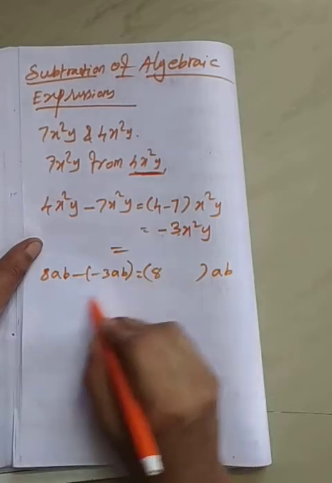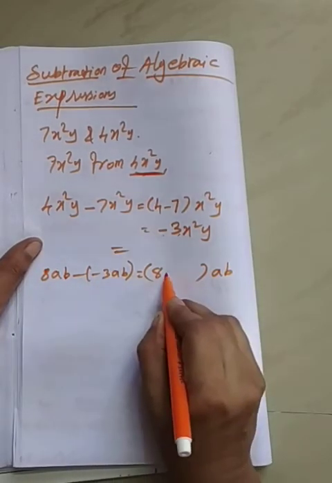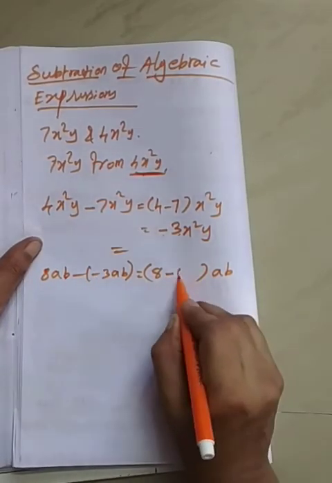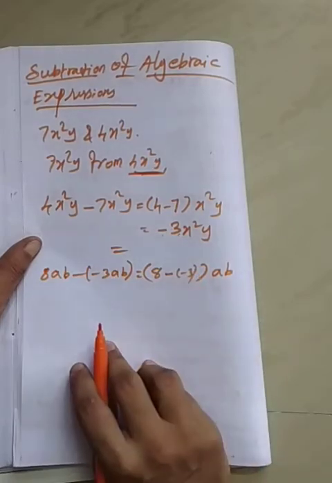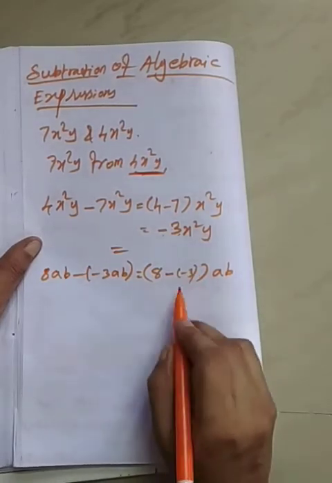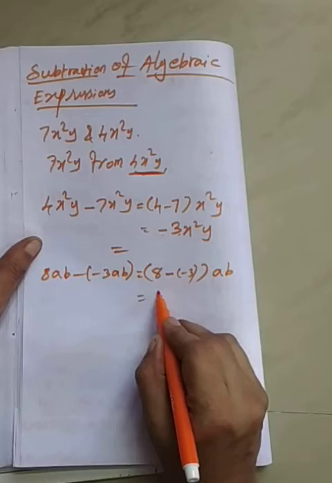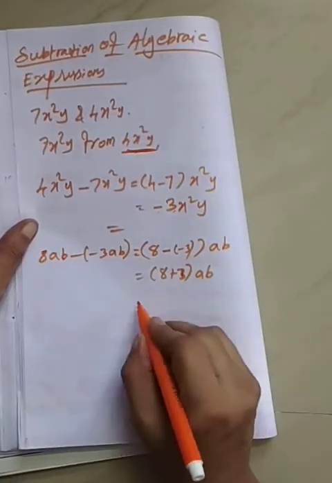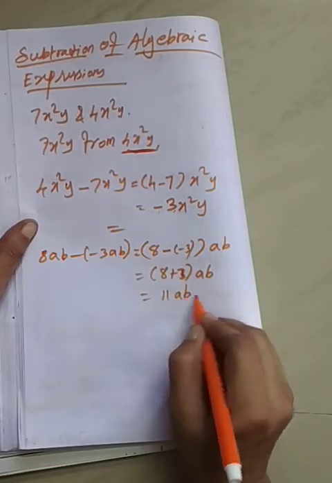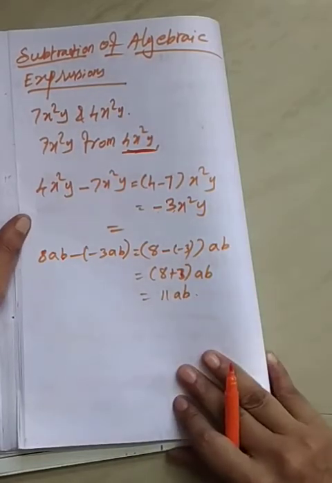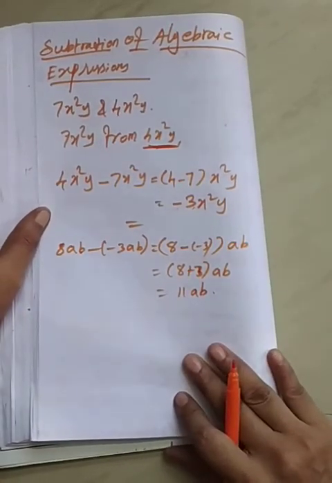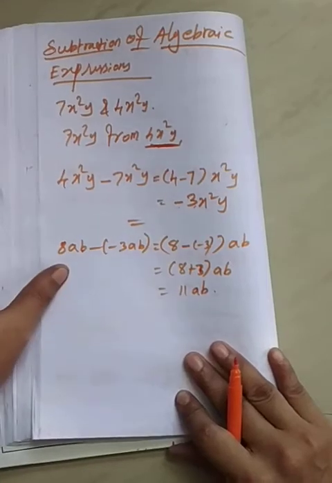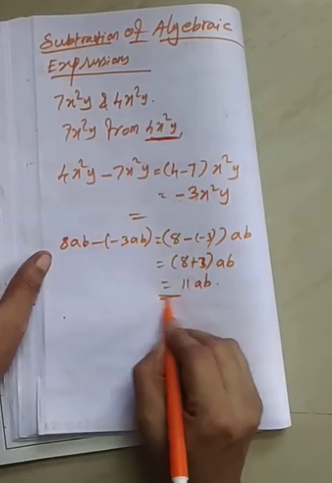Write the remaining values 8, this minus, and then this minus, you have to put minus 3. Okay, so now everybody knows minus into minus is plus. So 8 plus 3 of ab. What is 8 plus 3? 11ab. Everybody clear?